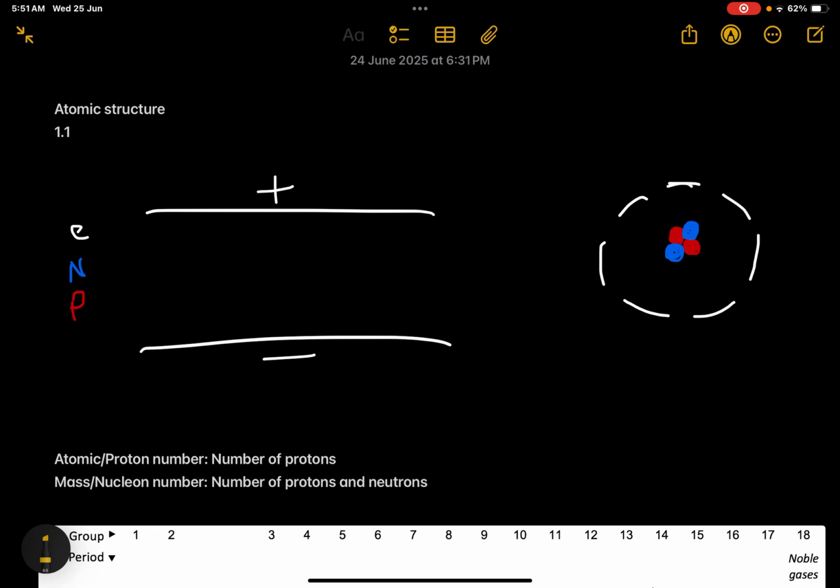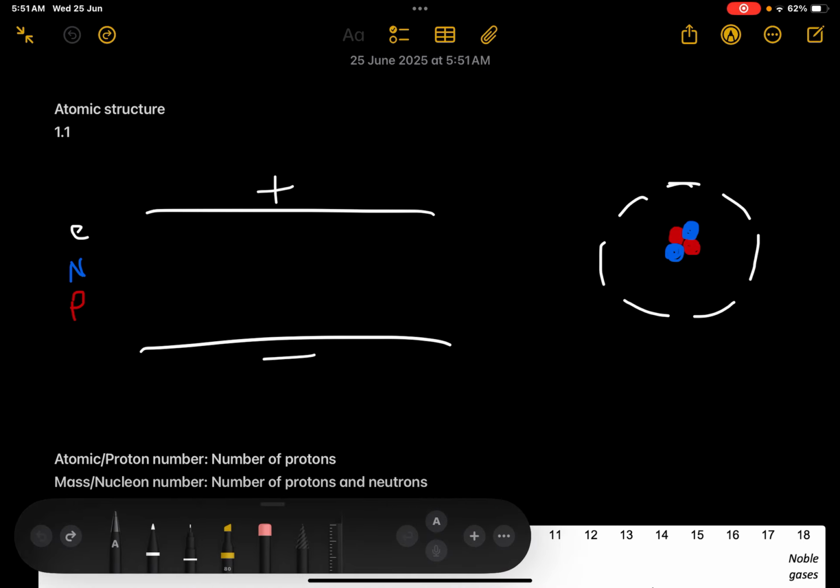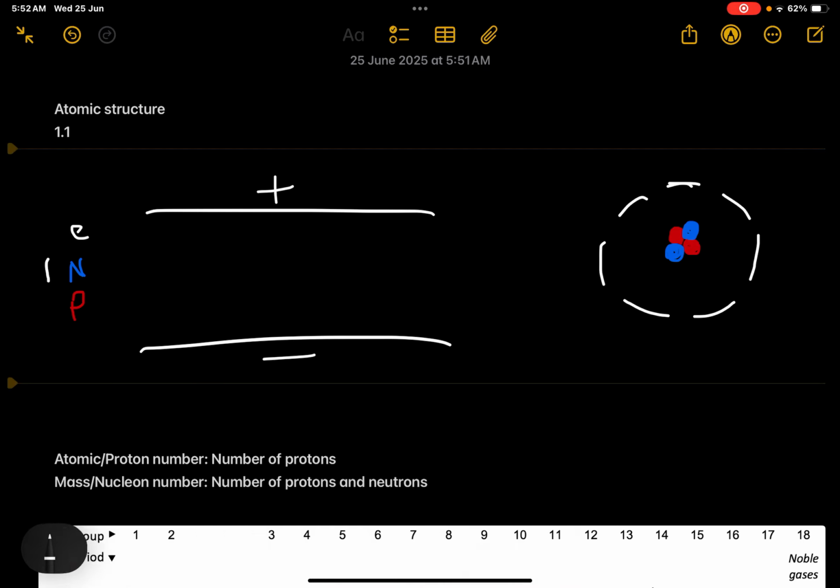Electrons, and we're going to talk about the relative masses first. A neutron and a proton have about the same mass. Their difference is quite negligible. So if we give them a mass of 1, the electron is quite a lot smaller than these two.